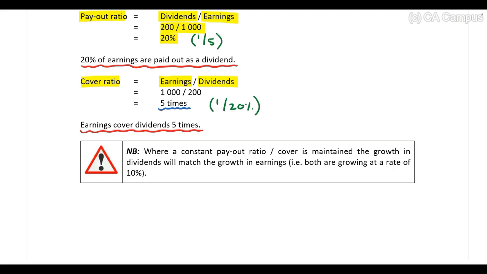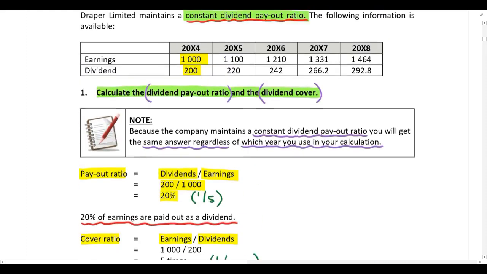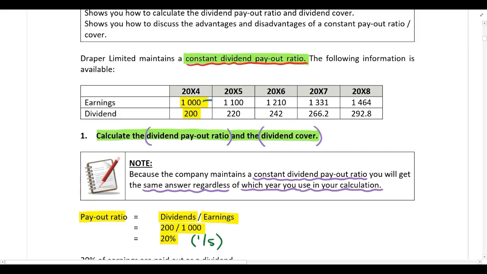Then one other principle that's extremely important. If the company has a constant payout ratio or a constant dividend cover, then the growth in dividends will match the growth in earnings. So you'll see above in this example, both dividends and earnings are growing at a rate of 10% per annum. You can see that above.